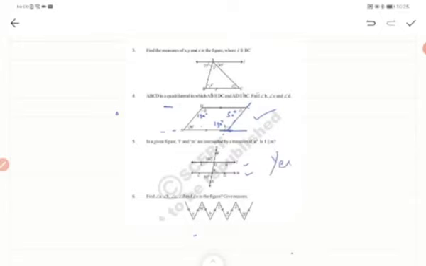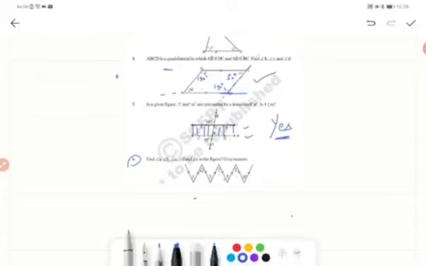Yes, of course, because the distance between them is equal. They are parallel. Now the sixth question is to find angles A, B, C, D and E from the figure given.